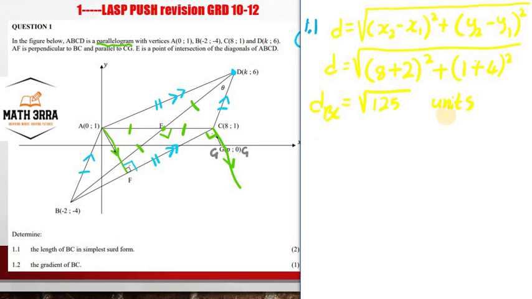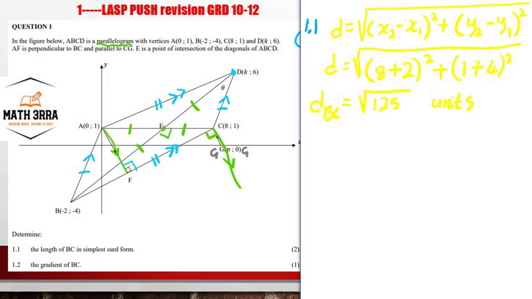Always when you're calculating the distance or the length, you have to define your units. If you don't define your units, you can be penalized for the final answer, even if the number you wrote there is correct. So that's it for 1.1.